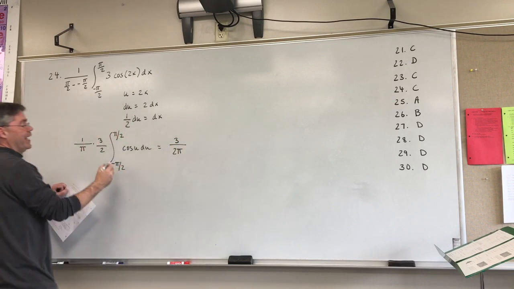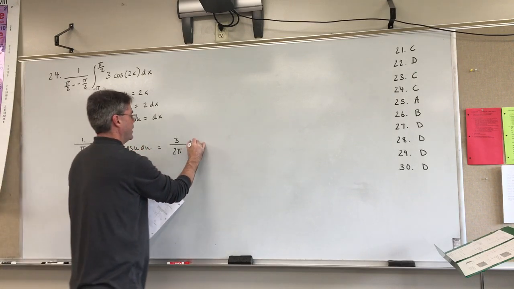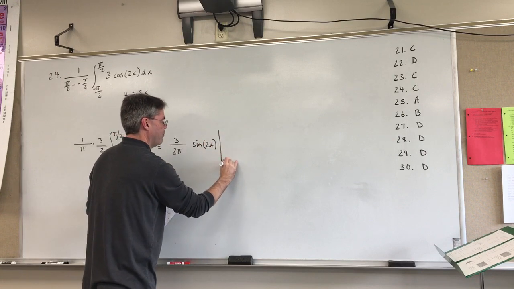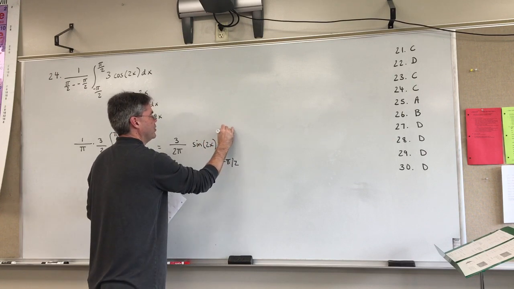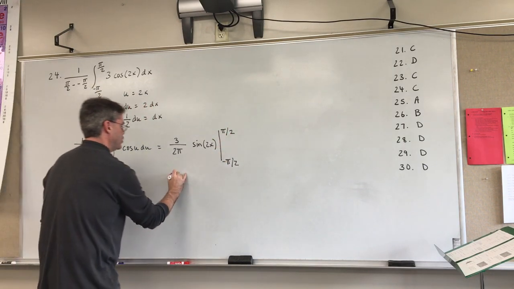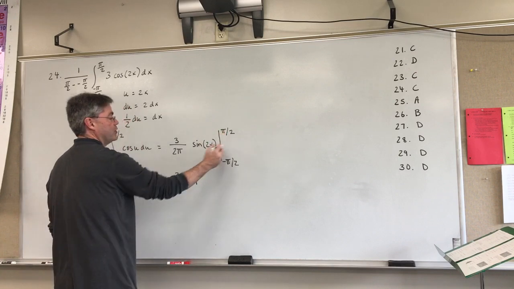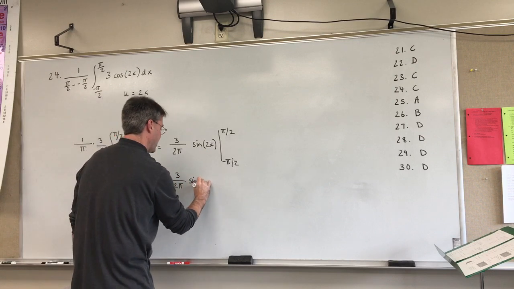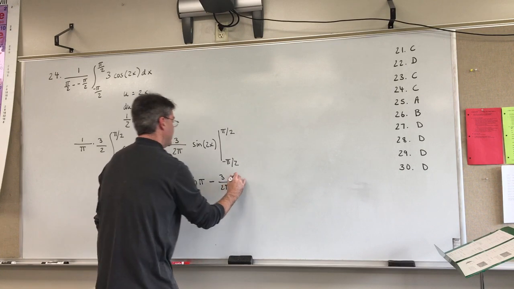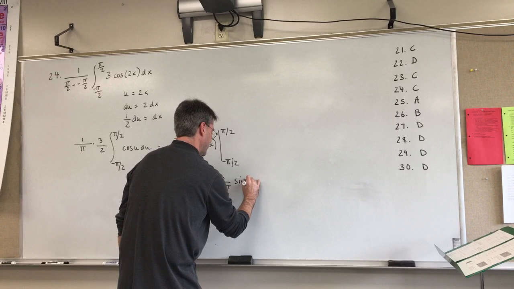and then the antiderivative of cosine is sine, so sine u, sine 2x, evaluated from negative pi over 2 to pi over 2. Okay, that's 3 over 2 pi times the sine of pi over 2 times 2, it's going to be pi, sine of pi, minus 3 over 2 pi times the sine of negative pi.